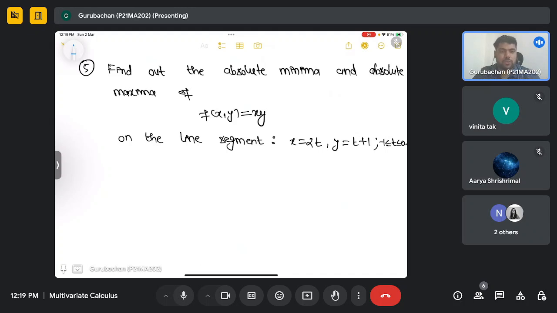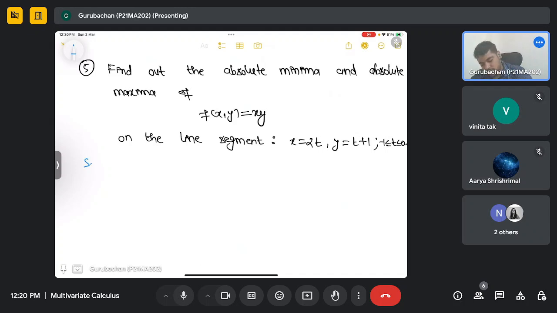Since it's a function of two variables, we can follow the approach of partial derivatives and find its critical points. Then we will check whether the critical points correspond to a local minima, local maxima, or saddle point, or the test is inconclusive for that particular critical point. Then we can check this equation of line as a boundary, and then we can decide what is the absolute maxima or absolute minima.